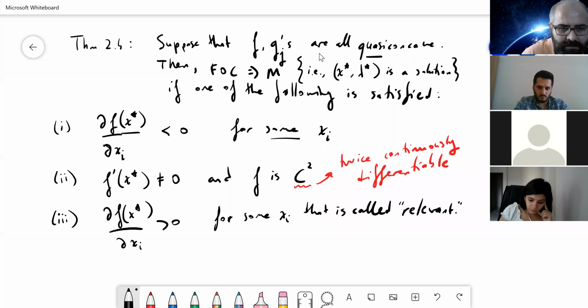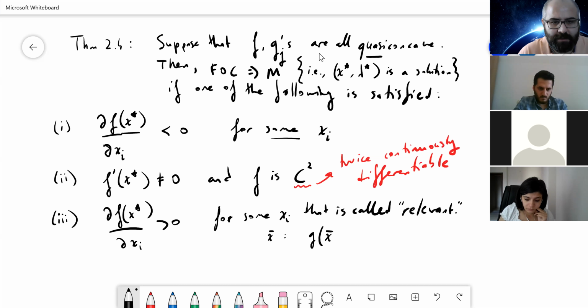So relevant means there is this x bar where g of x bar will be satisfied. So it will satisfy the inequality constraint, plus x bar_i will be positive.